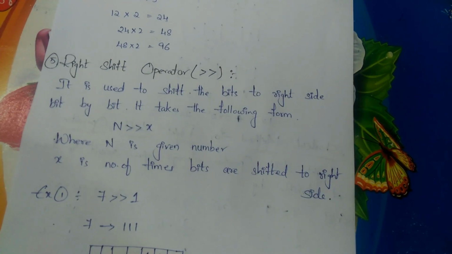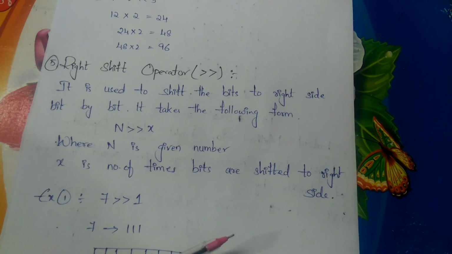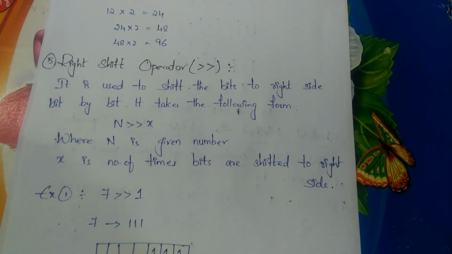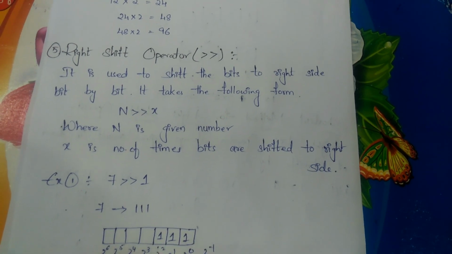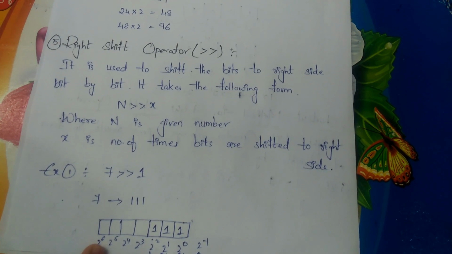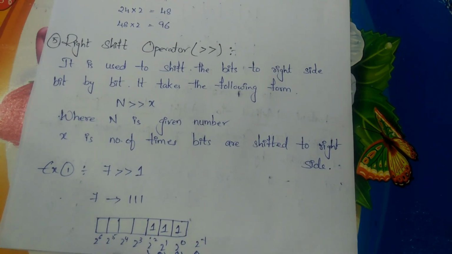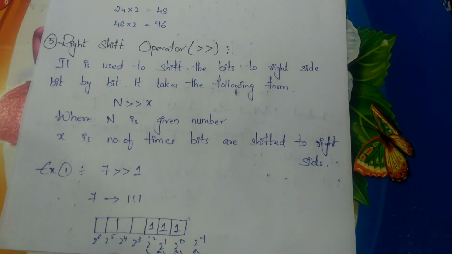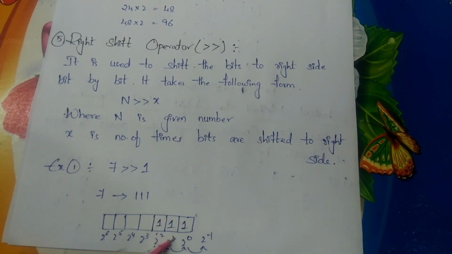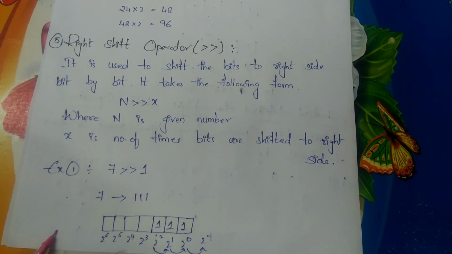Now example, if we take 7 right shift operator 1. So 7 binary number is 111. Now to this 111, when we write the place value for each of them, we get for the first one 2 power 0, for the next one 2 power 1, and for the next one 2 power 2, and this goes on up to 2 power n.